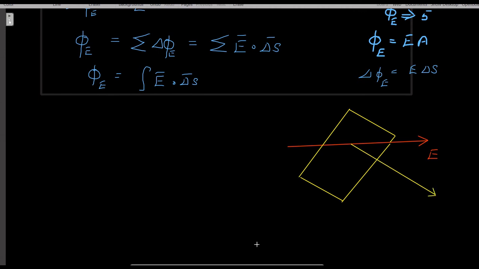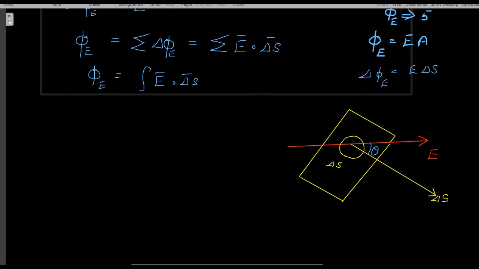So let this be the area vector S. Or if we take a smaller area delta S, I can represent this area vector as delta S. Look at this diagram. E is the electric field, delta S is pointing in this direction, so that these two make an angle theta.